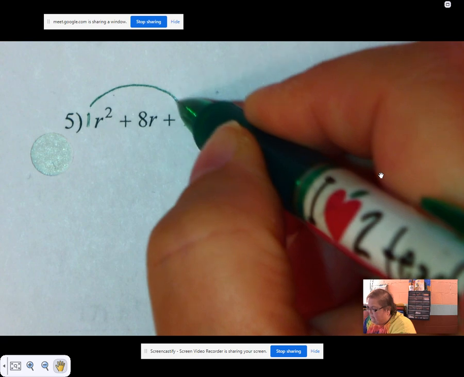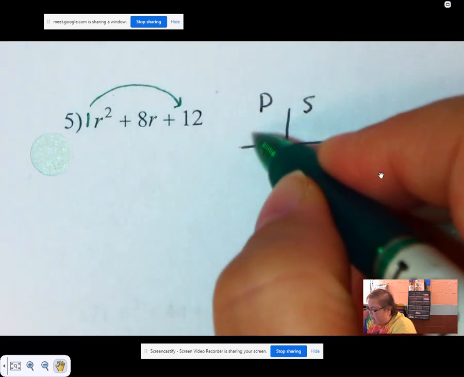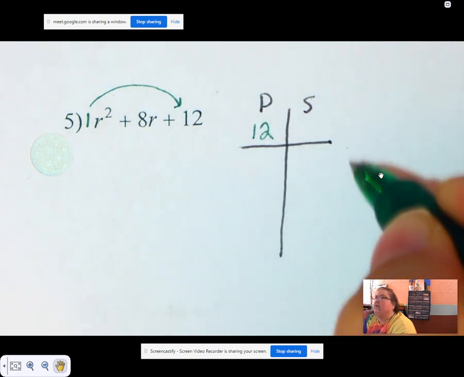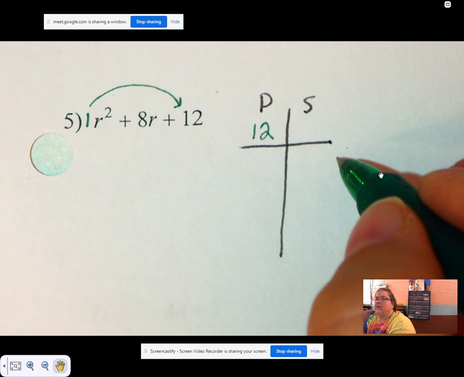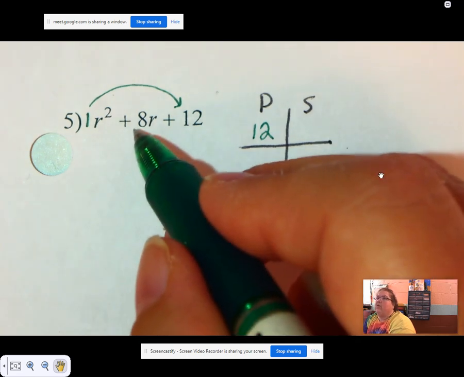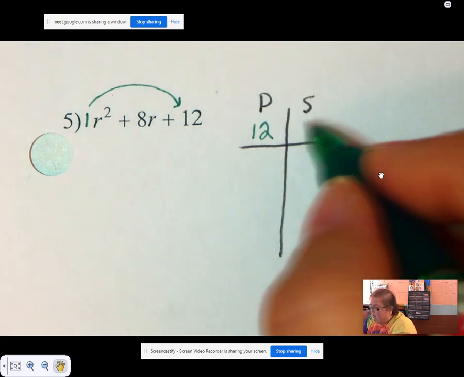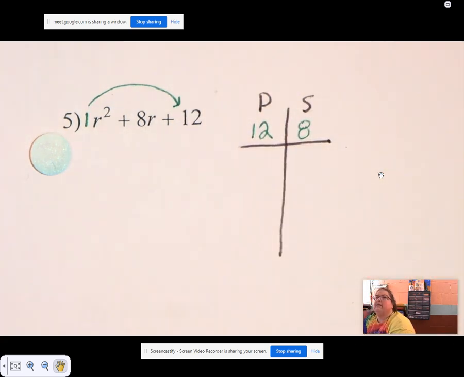Yeah, AC. And so in this case, what is 1 times 12? There we go. Yeah, it's important they be in the right place. I agree. And so the sum is 8, right? Okay. So are you good with that?